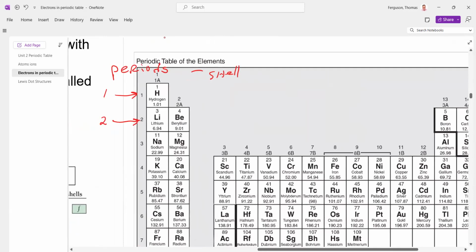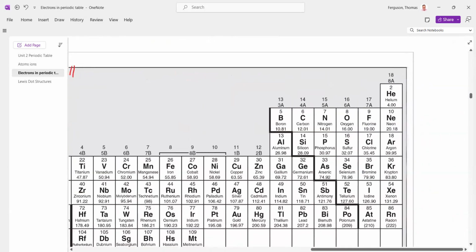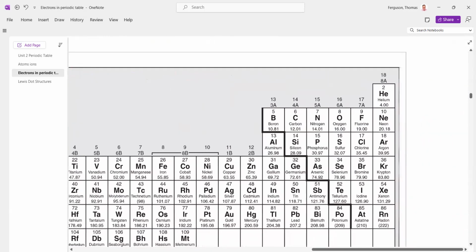So that's shell number 1, or period 1. And notice it only has 2 electrons in it, or 2 elements.